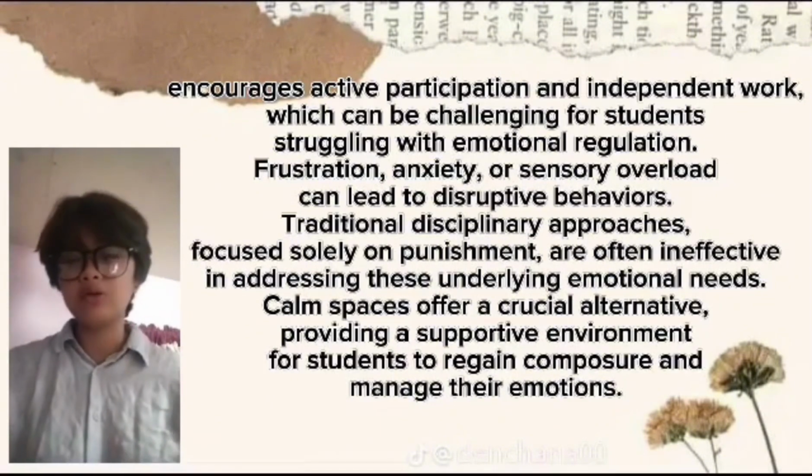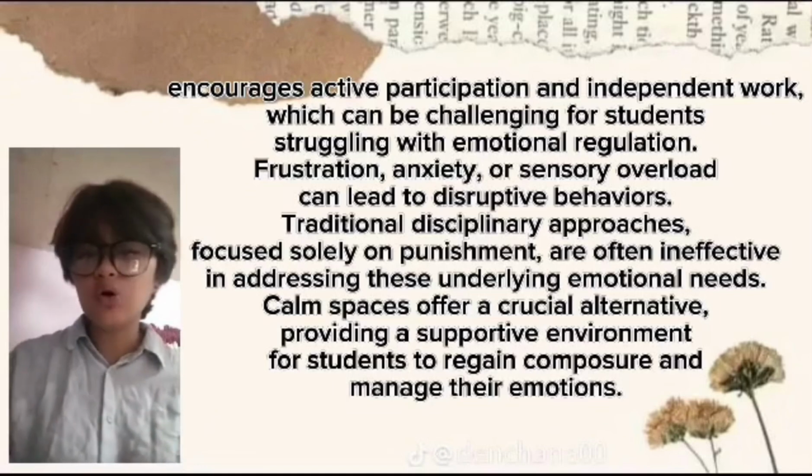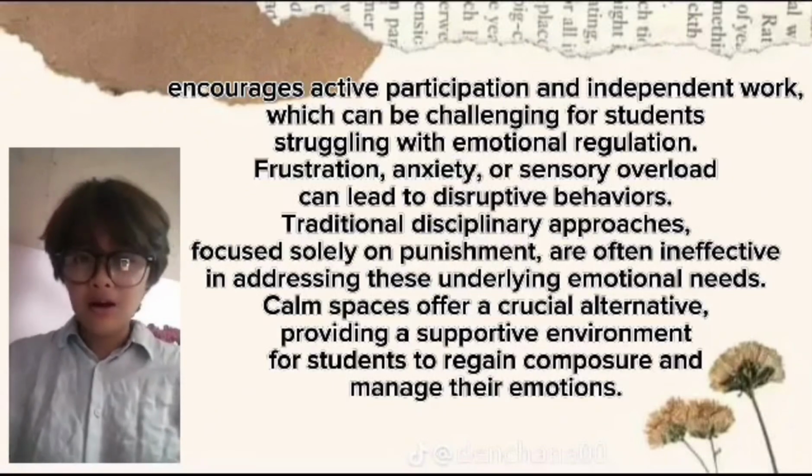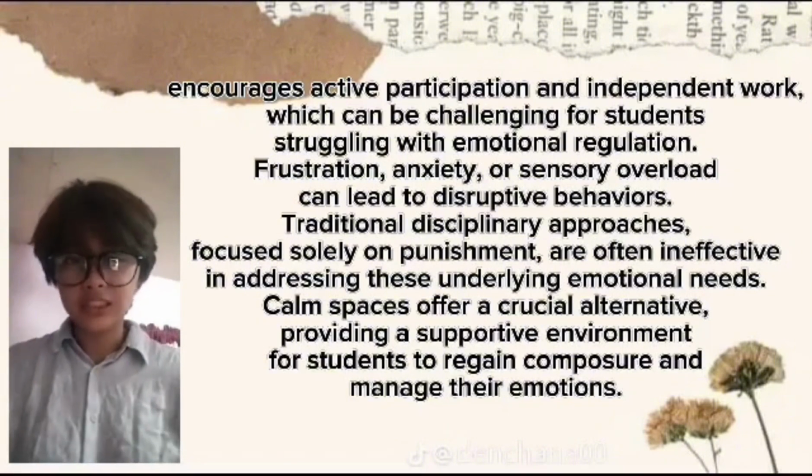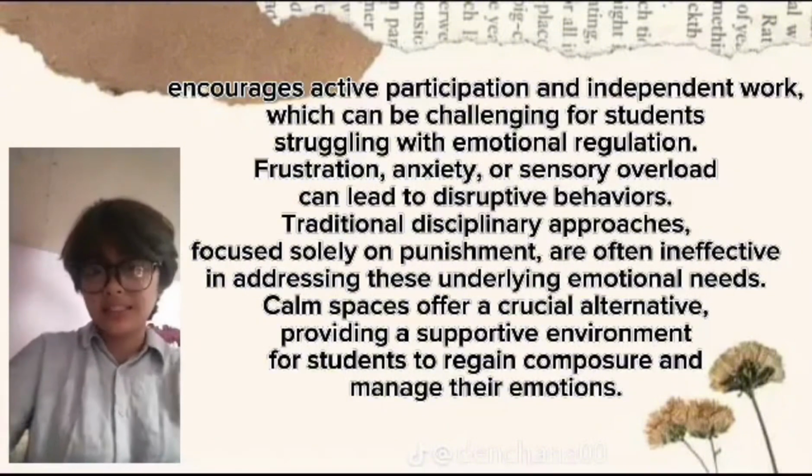Traditional disciplinary approaches focus solely on punishment, right? They are often ineffective in addressing these underlying emotional needs.